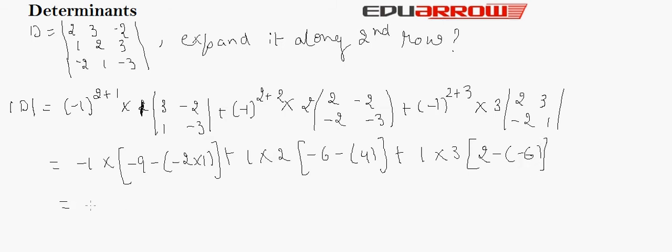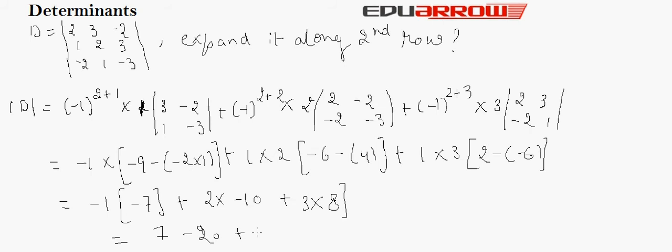This comes out minus 1 into minus 9 plus 2, minus 7, plus 2 into minus 6 minus 4, that is minus 10, plus 3 into 2 plus 6, that is 8, is equal to 7 minus 20 plus 24.